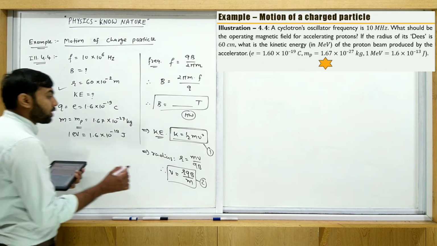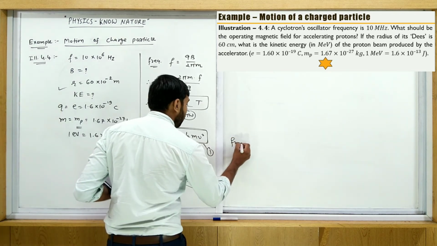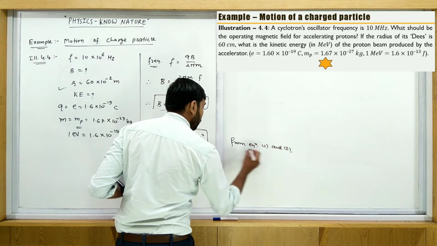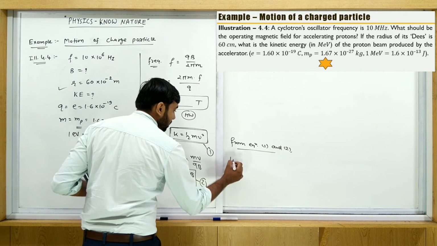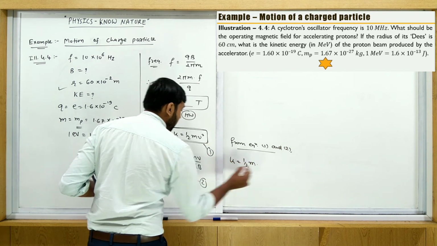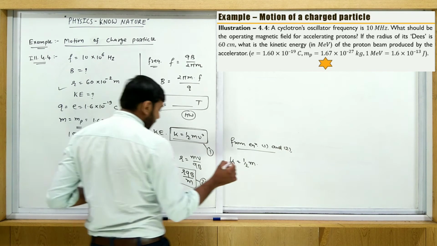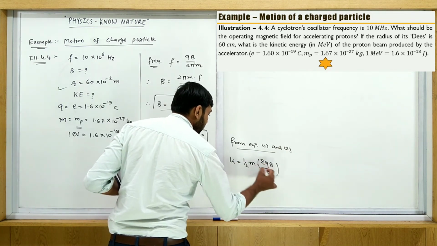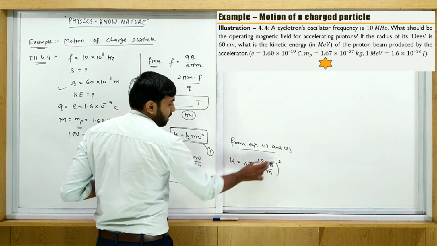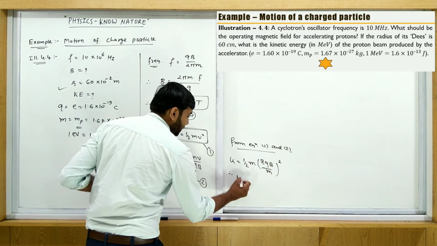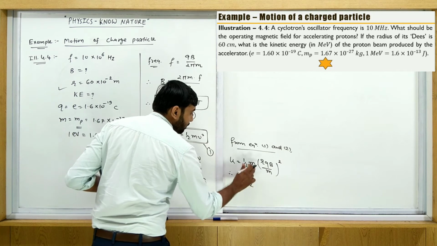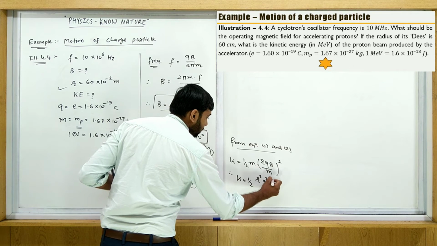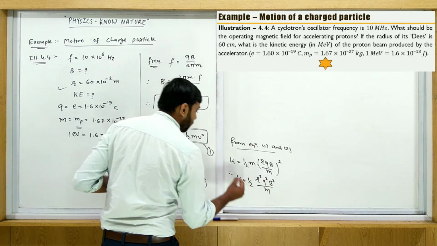So from equations 1 and 2, K is equal to 1/2 m into (r QB by m) whole square. See, one m cancels out. So what is the final answer of K? K is equal to 1/2 r square Q square B square upon m.